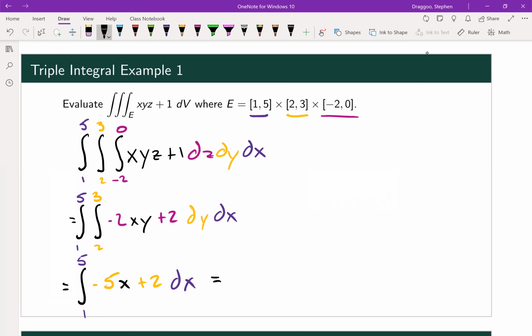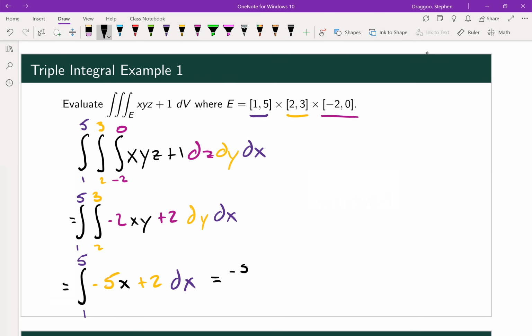And if we plug all that in, we'll end up with negative 5x squared over 2 plus 2x. So let's see what happens when we plug all that in. So we'll have x squared, and we're plugging in 5 and 1. So 25 minus 1 will be 24.